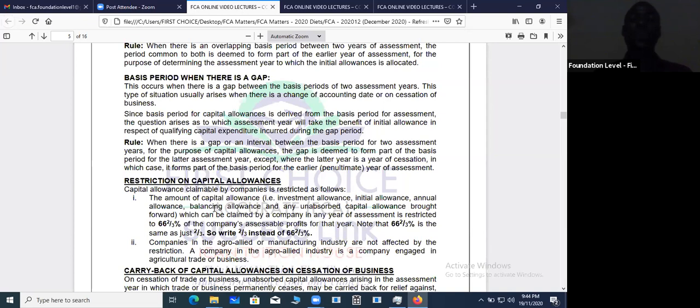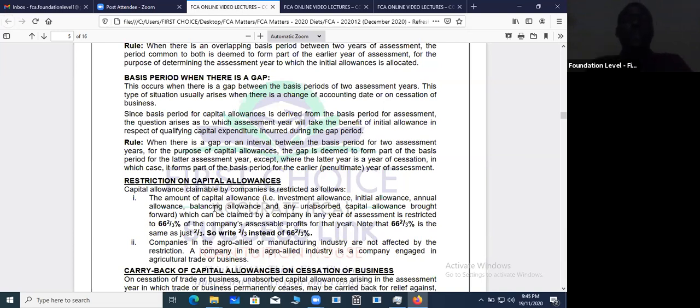But when we are dealing with cessation rule, we have penultimate year and ultimate year. Whenever there is an overlap, we'll push it to the penultimate year. Whenever there is a gap, we will also push it to the penultimate year.